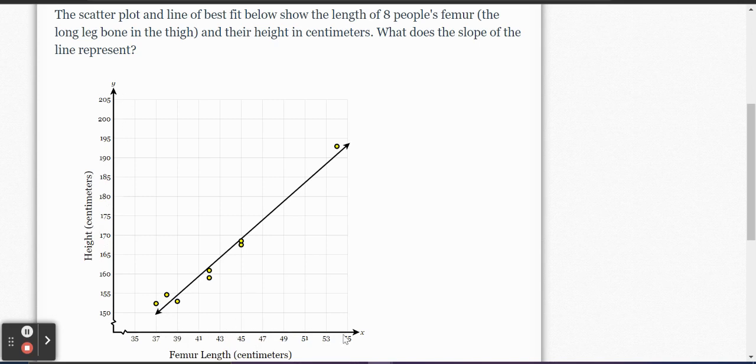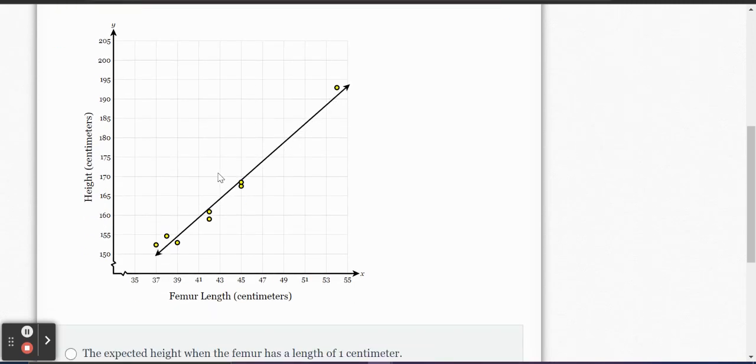As the femur increases, the height also increases in most cases. So for rate of change, we're looking for some sort of word involving change. And we're comparing the height over the femur length.